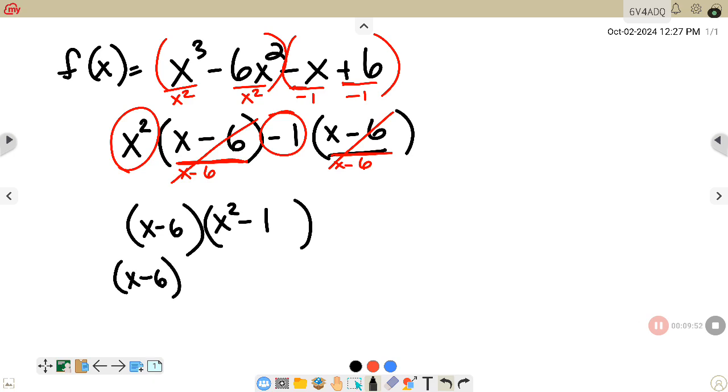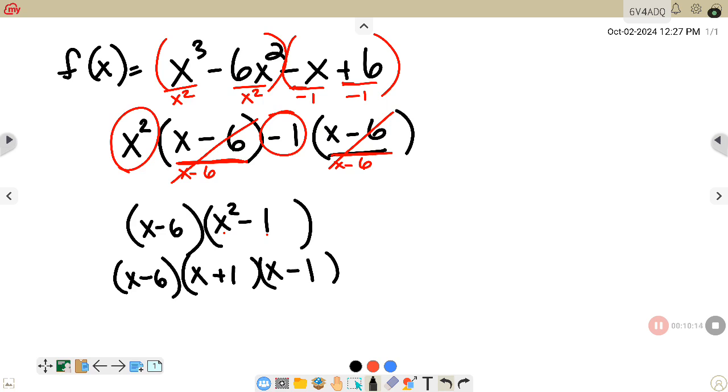But this next one, I noticed that both of the terms in there are perfect squares. So I'm going to factor that difference of squares. To get x squared, I'll need x and x. To get the -1, I'll need +1 and -1.